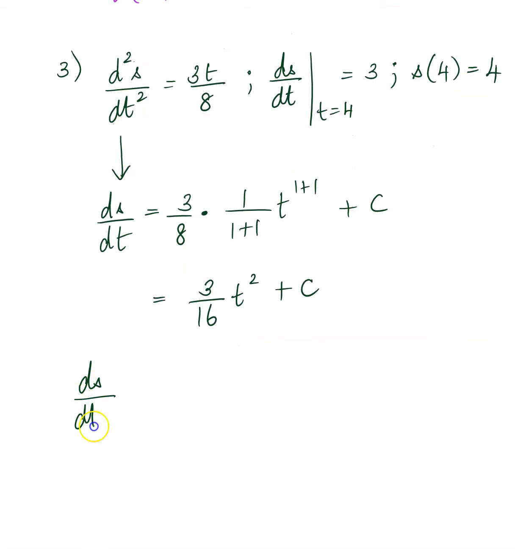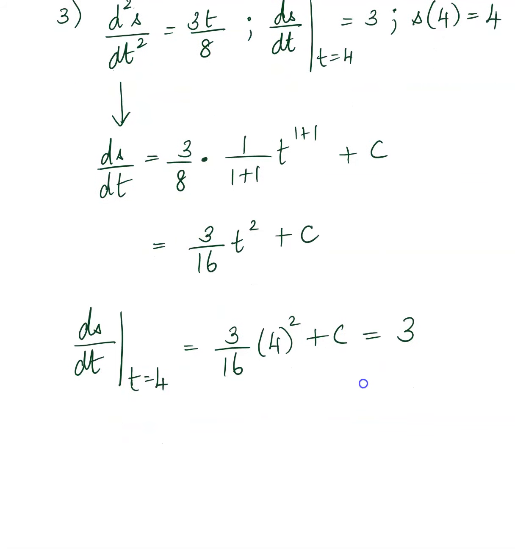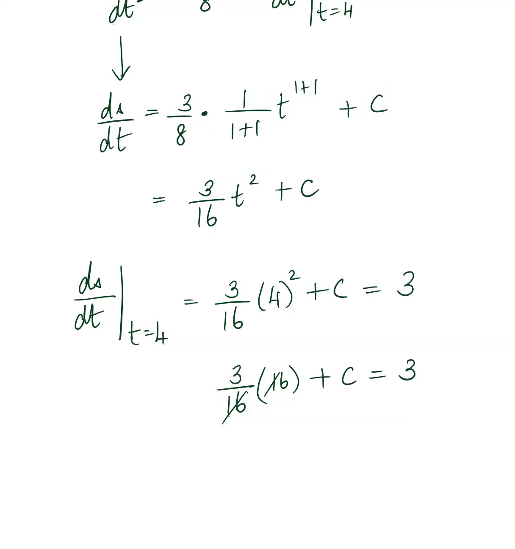Use the initial value. It's given to be 3. So 3 minus 3, so actually c is 0.